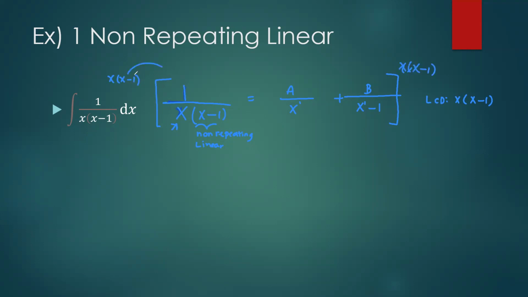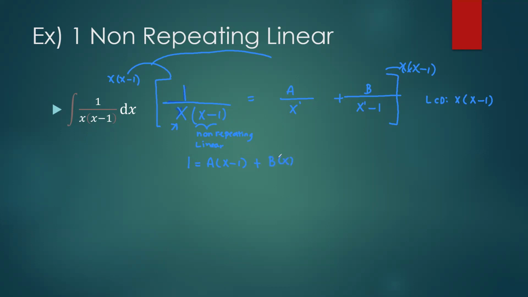On this side, everything cancels, so you're just left with 1. In the middle part, only the x cancels, so you're just left with A times the parentheses x minus 1, plus, and then on the far right, the x minus 1 cancels, so you're just left with Bx.